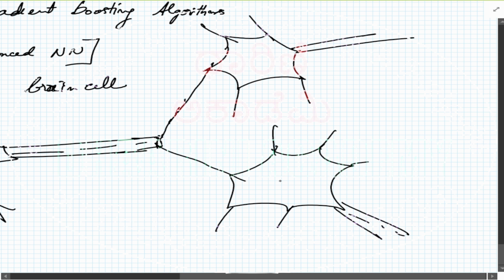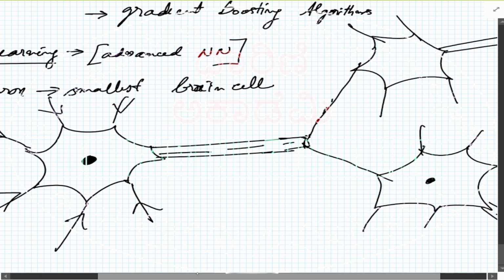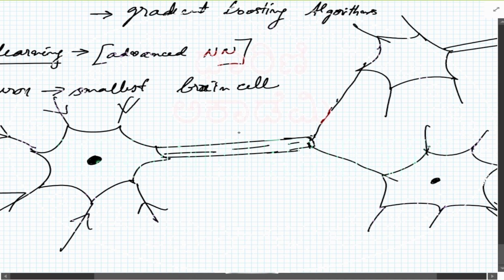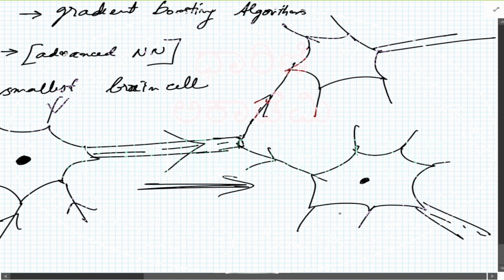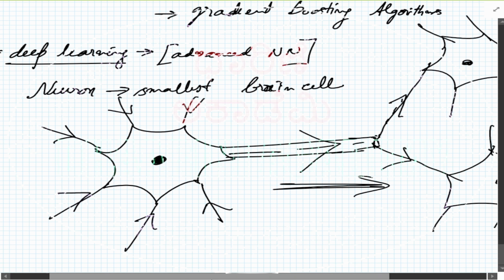The basic idea is that you pass the information to the next. Whatever information you pass will be processed by individual cells, and again passed to the next. So this architecture is the basics of neural networks.